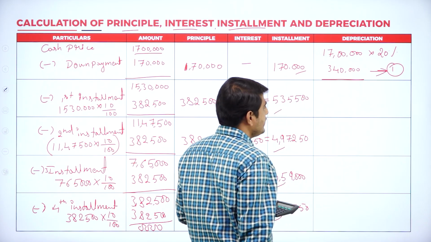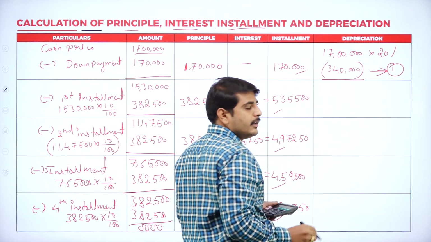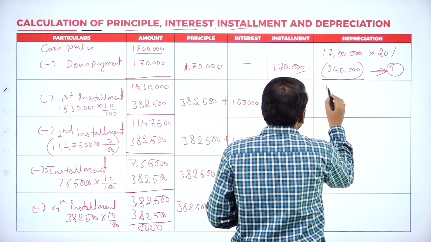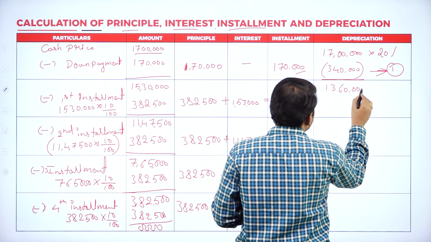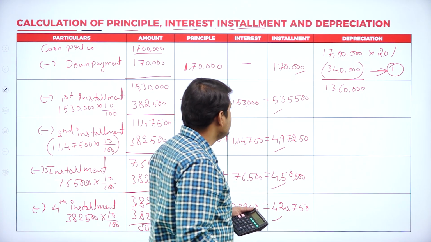And now deduct this depreciation from 17 lakh. So you'll get 13,60,000. This is the balance for second year.